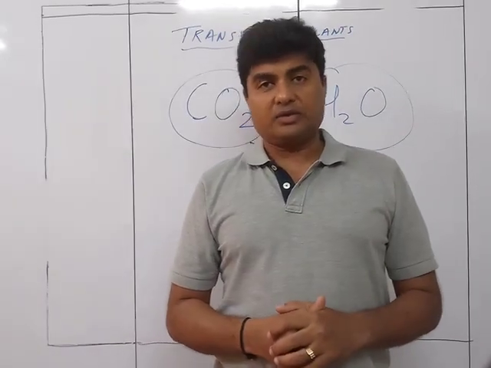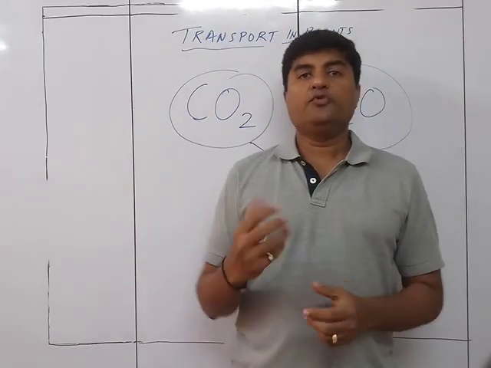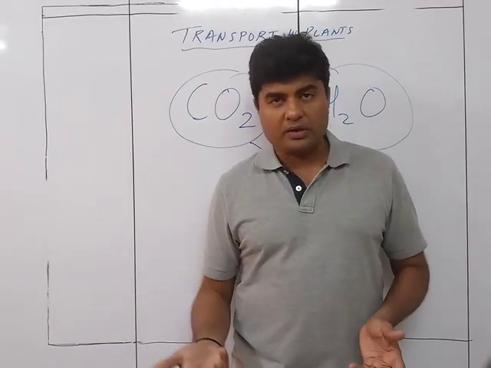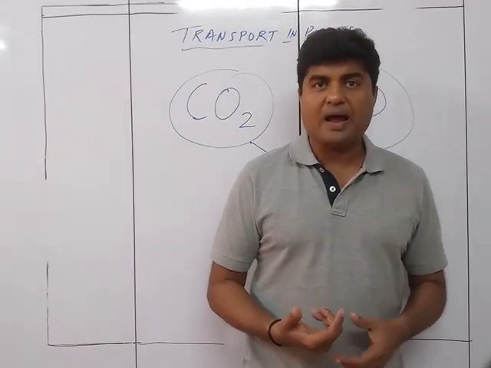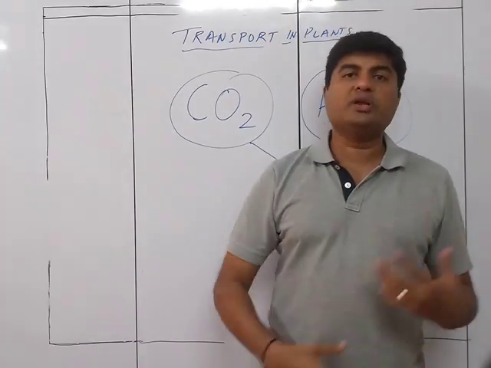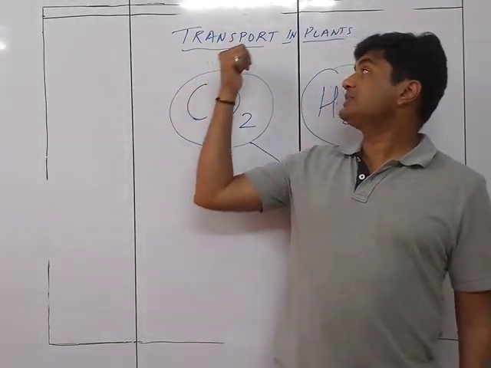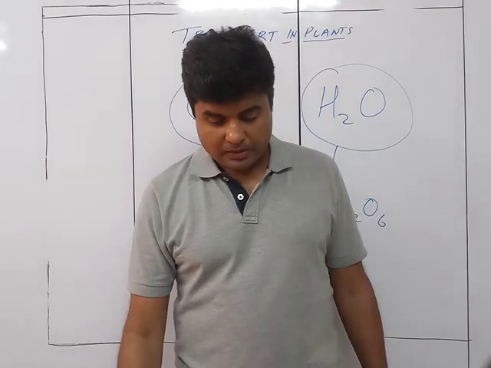So the movement of the food material produced, or the movement of the water absorbed by the plant, when it is moved to the different parts of the plant, is called transportation in plants.